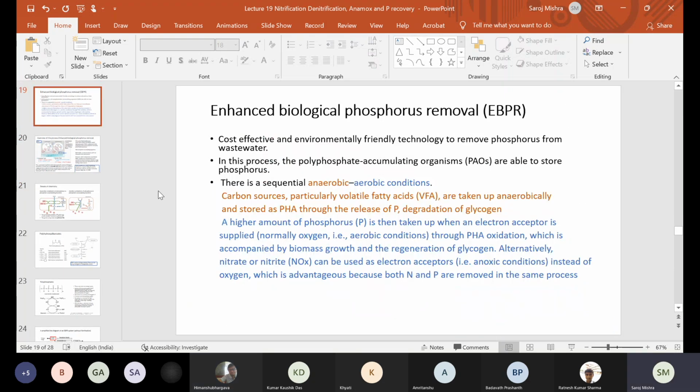Yeah, and let me take you very quickly back to this slide, please read this part very carefully. In the aerobic leg here, if you use molecular oxygen, then of course you can carry out the reactions as I explained. But what if nitrate is used as an electron acceptor?